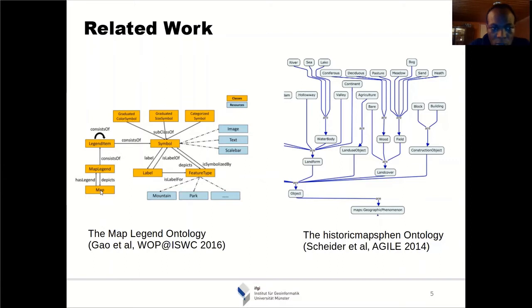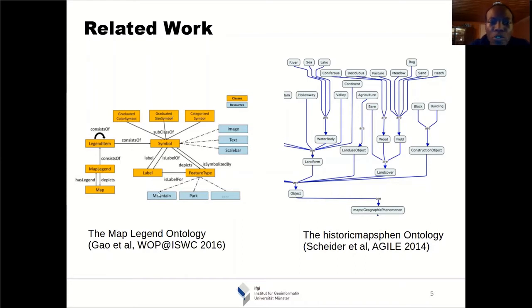What they suggest is that you have a map which has a legend, and that legend consists of an item, and that item in turn consists of different symbols, among which you have categorized symbol, graduated size symbol, or graduated growth symbol. The ontology helps to answer questions related to the topic of a map.